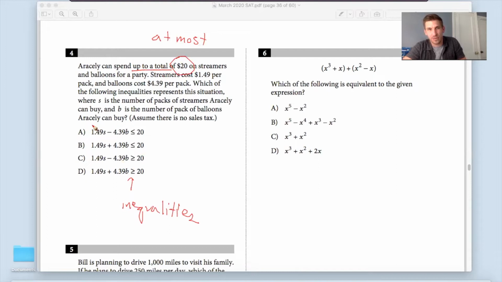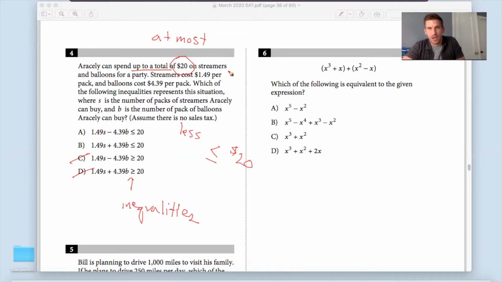So everything on this side of the expression needs to be less than or equal to $20. So $20 is the most that I can spend. So that means that anything where this is greater than $20, I'm immediately getting rid of that. So as I'm reading the problem, I'm interpreting it, and I immediately start cutting answer choices off. I don't know anything other than up to at most $20, and I'm immediately down 50% of the answer choices.